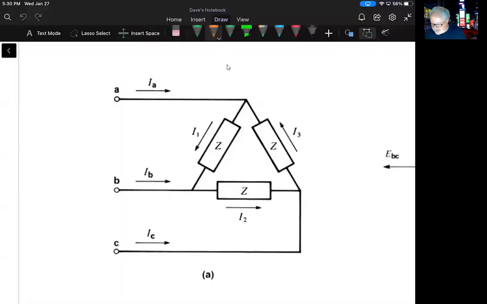So what we're looking at here, when we look at the impedances, the Z values, is the delta connection. And of course, you can immediately see the difference between the delta configuration and the Y configuration. What we see is that the loads are connected end to end. When we talk about delta, we know that symbol delta, and that's what this looks like.